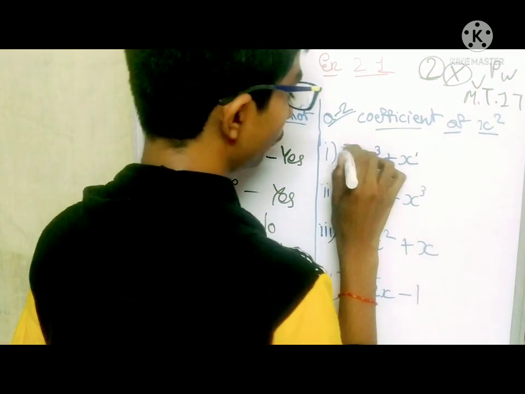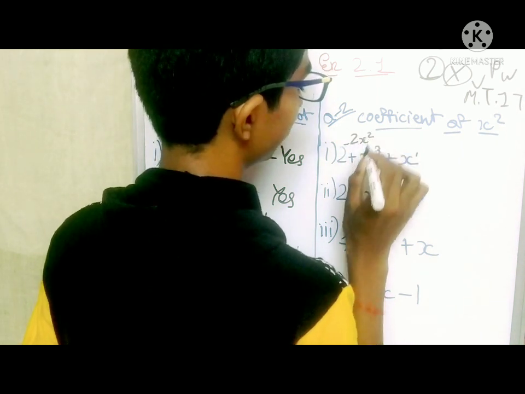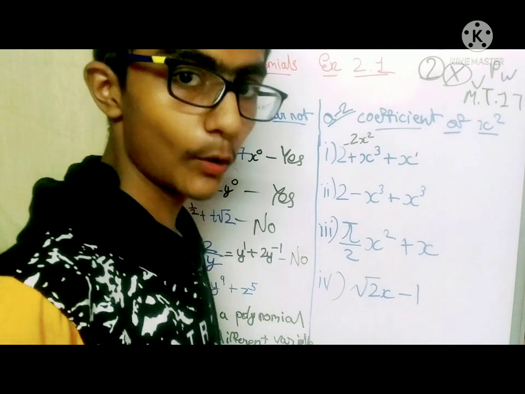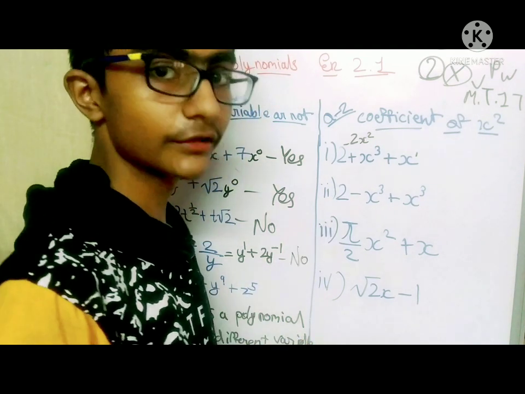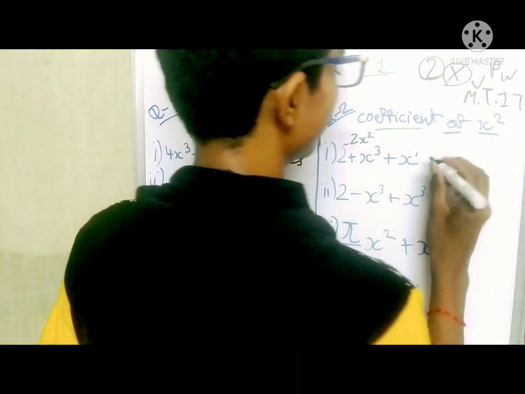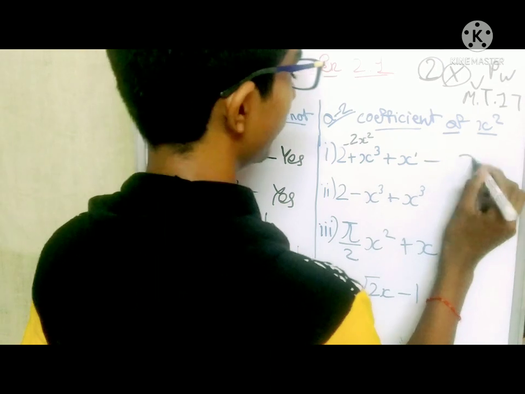So after 2 I can write 2x square. I can write it, yes. So now the coefficient of x square in question number 1 is 2.